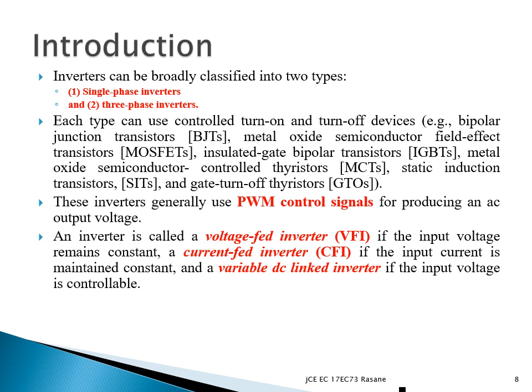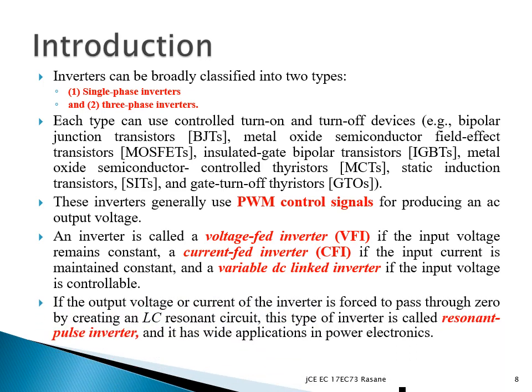So basically we are dealing with these types of PWM controlled inverters. Either it could be single phase or three phase, or it could be controlled using a constant input voltage, in which case we call it voltage fed inverter. If constant input current is maintained, then we have a current fed inverter. But if the input is controllable, then we call it variable DC linked inverter. There is one more.